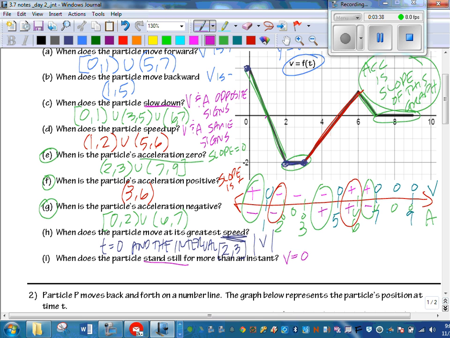Well, we know the velocity is 0 right here, but that's just like an instant. It changes quickly. The velocity is 0 there for an instant. But over here, the velocity is 0 for an extended period of time. So that happens from 7 to 9. And those are brackets for that because velocity is 0 at 7, velocity is 0 at 9, so those are included in that interval.